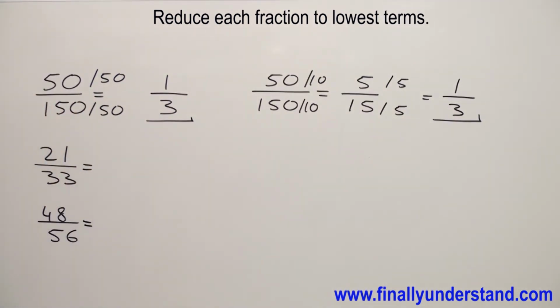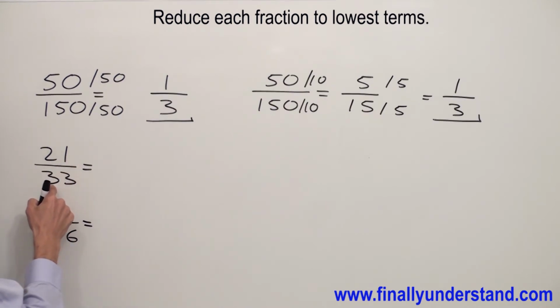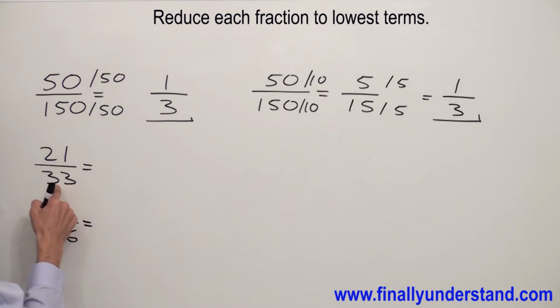Let's take a look at another example. I have 21 over 33. Okay, 2 plus 1 is 3. Okay, 3 plus 3 is 6. 3 is divisible by 3 and 6 is divisible by 3.